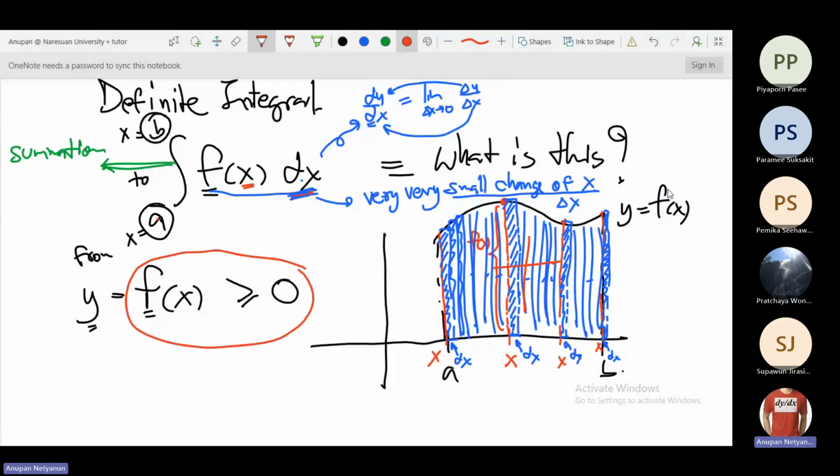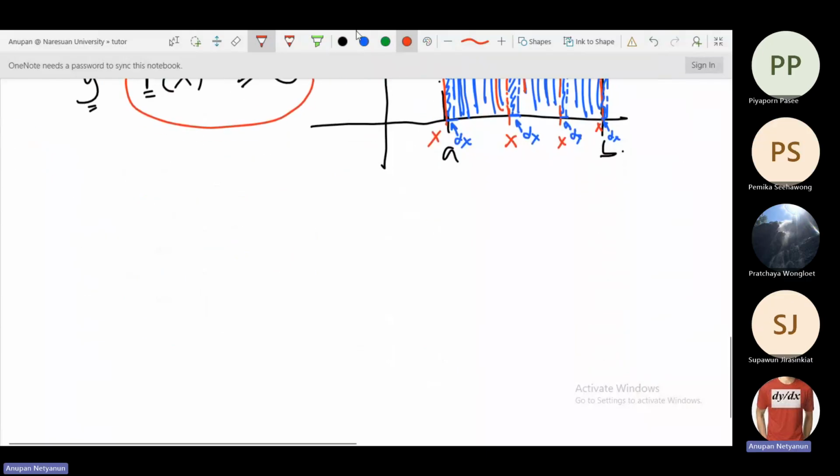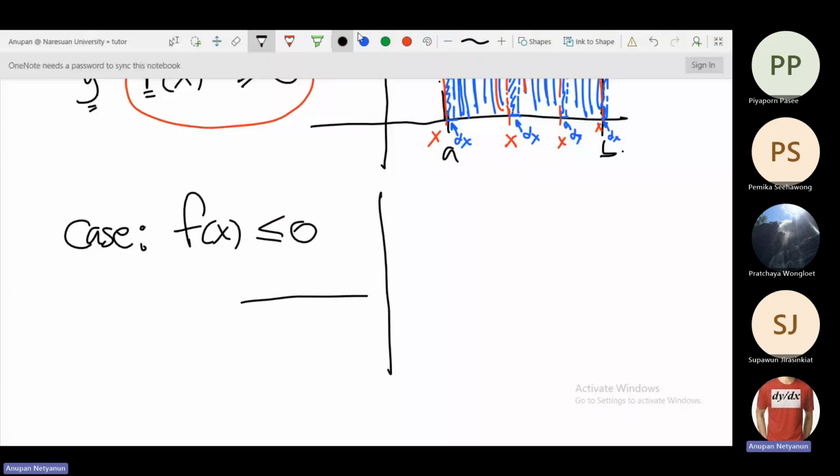Now, you can see the case when your f(x) is less than or equal to 0. Let's say the graph has y less than 0, so y has to be in this area.